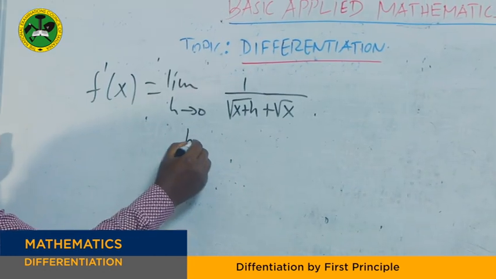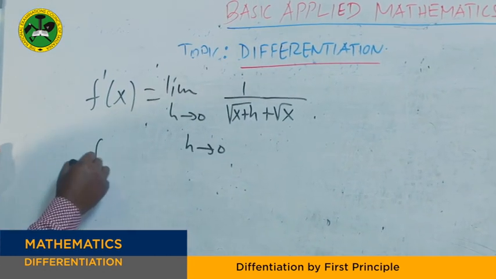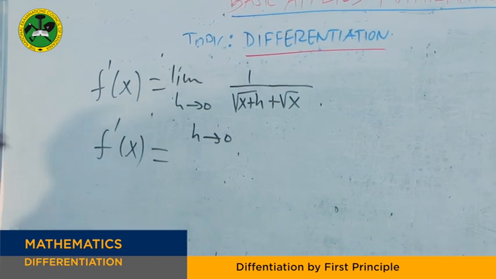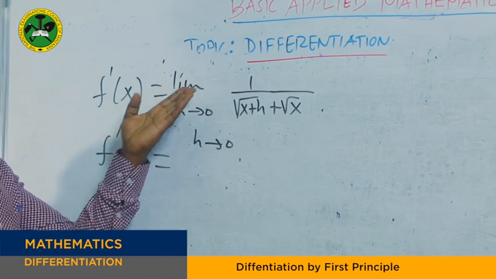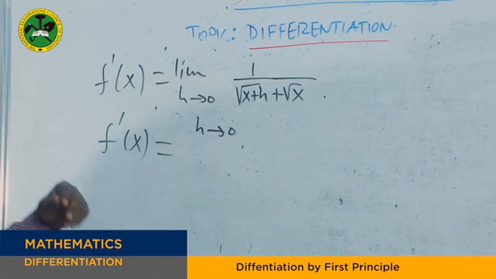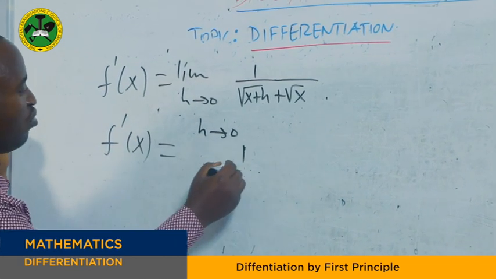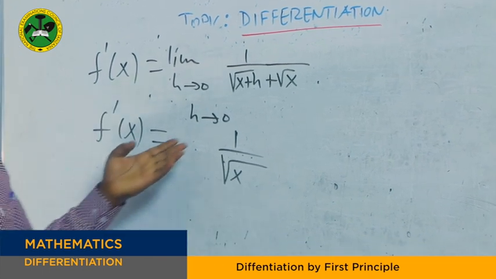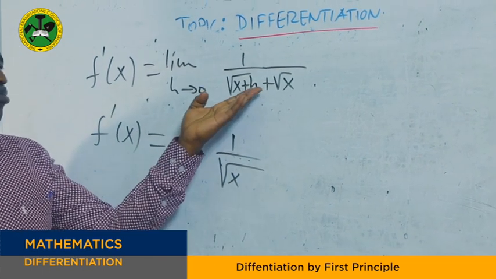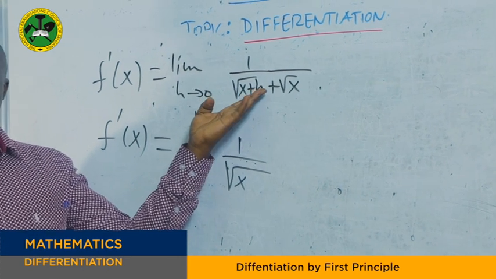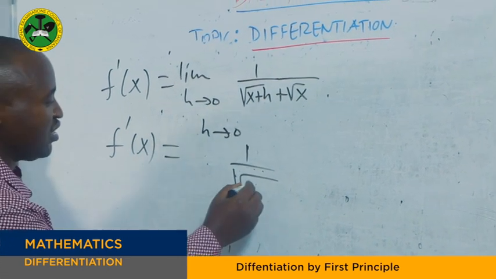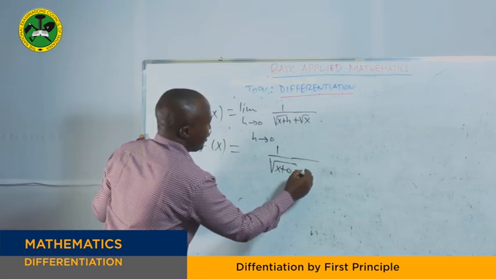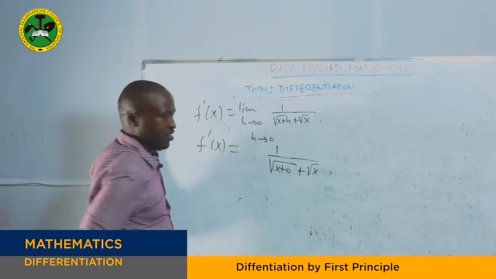As h approaches 0, we are going to have f of x dash is equal to, now we no longer write limit as h approaches 0, we just go direct to 1 over square root of x. We said h approaches 0, so here you just substitute the value of h, which is equal to 0, so it is x plus 0, then again plus radical x.